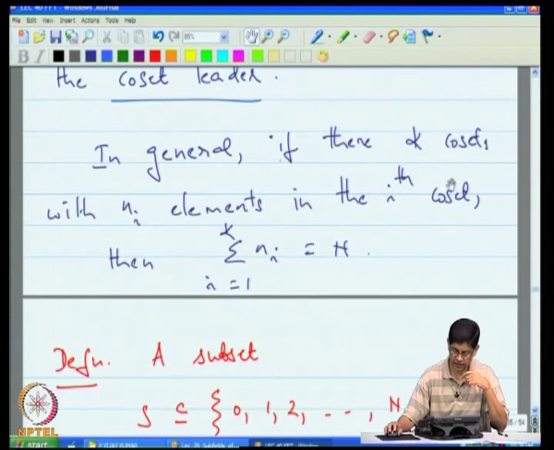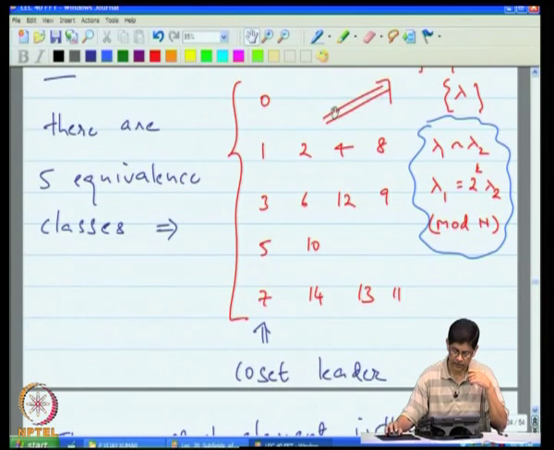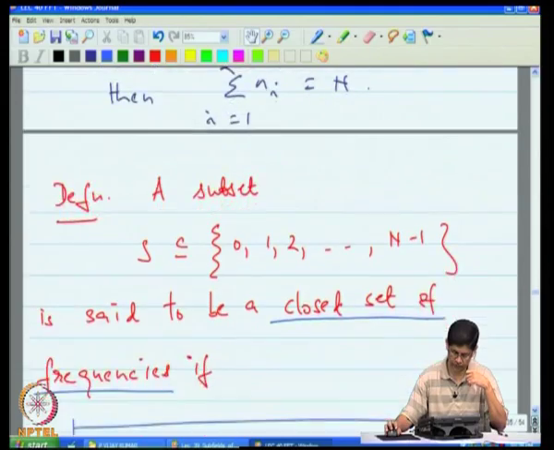Then there is the obvious statement that if there are kappa cosets with ni elements in the ith coset, then the sum of the ni will give you n. So, for example, here this coset is of size n1 equals 1, n2 equals 4, n3 equals 4, n4 equals 2, n5 equals 4, and the sum of all of these is 15. Okay. That is just introducing some notation.